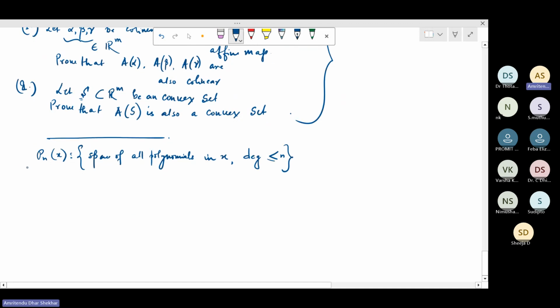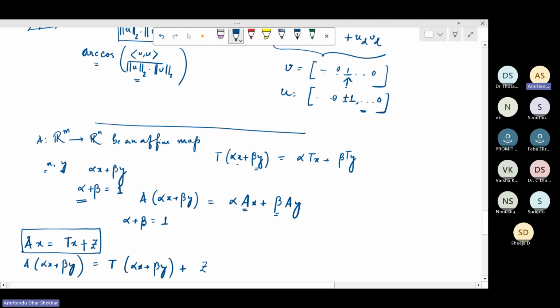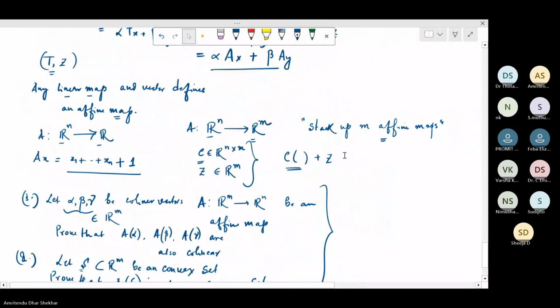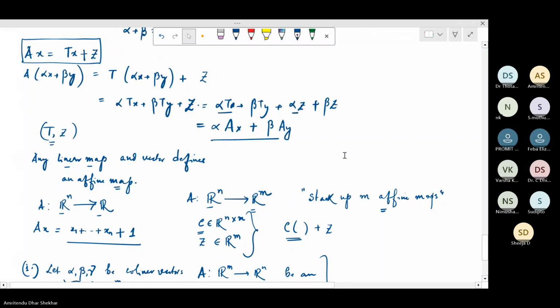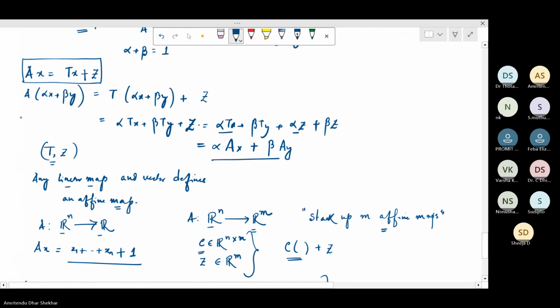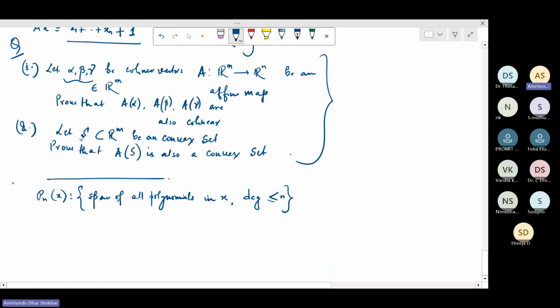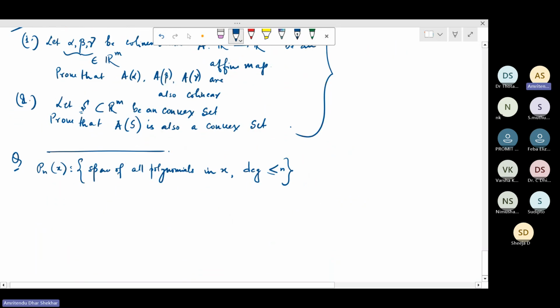First is to show that Pn of x is a vector space.